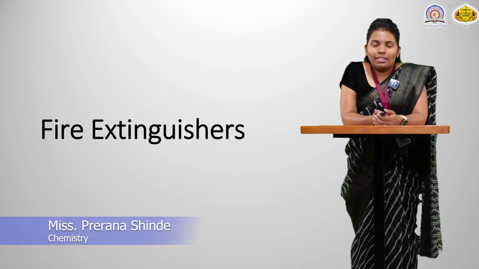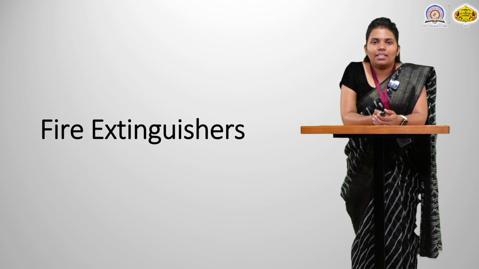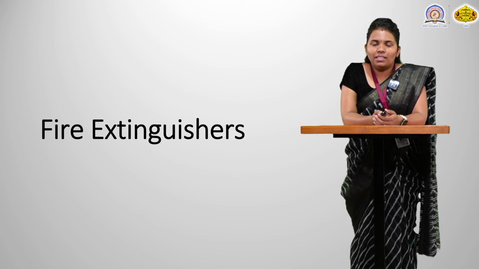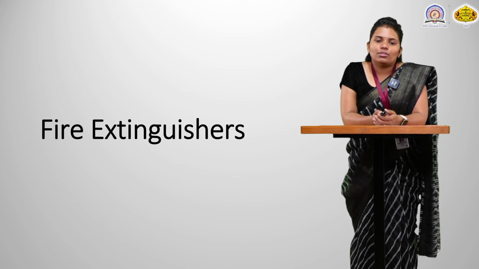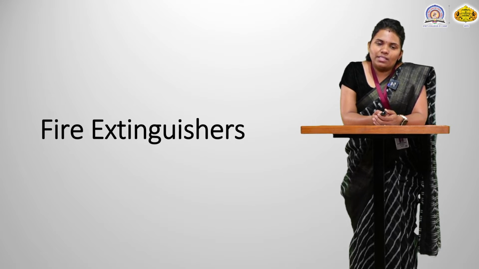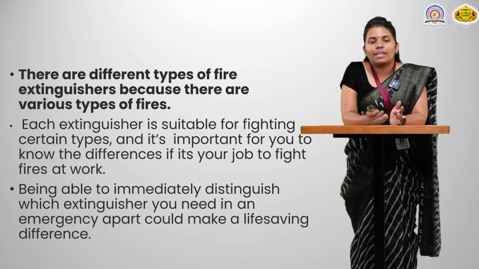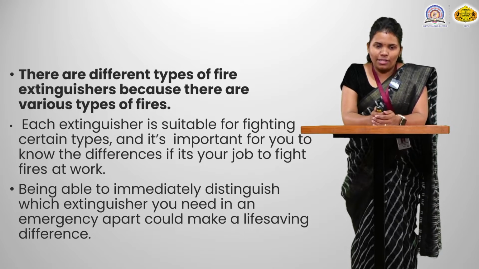In the last lecture we have seen the MSDS, that is the material safety datasheet, which is included in the FYBSc theoretical practical. Next we are going to see the fire extinguishers. There are different types of fire, so there are different types of fire extinguisher too.